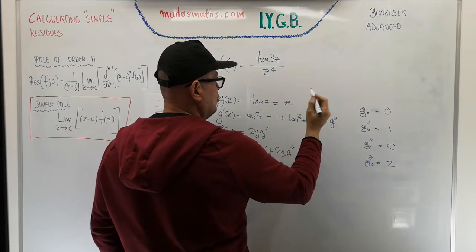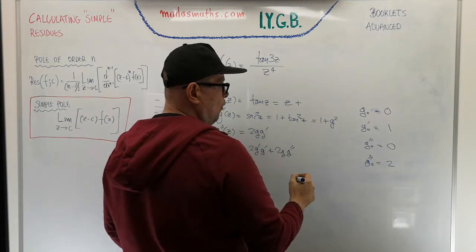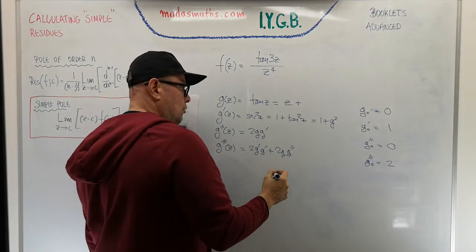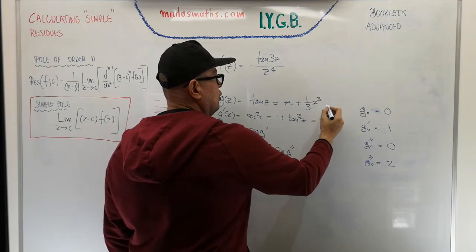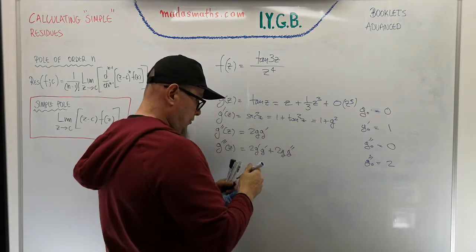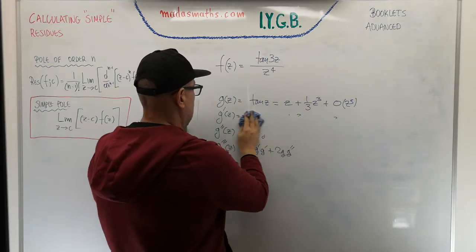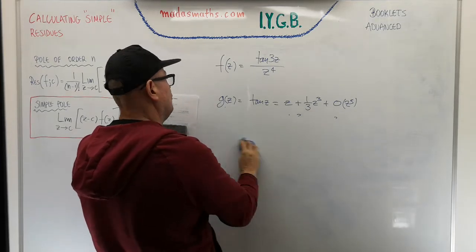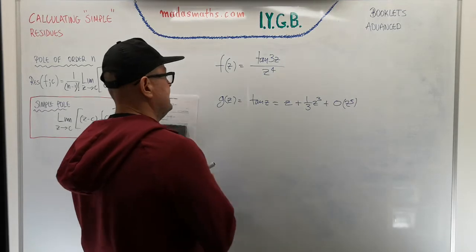Z, there's no squares, and this is now plus 2 over 3 factorial. 2 over 3 factorial is 2 over 6, so that's a third, z cubed plus order of z to the 5. Okay, so I'm going to rub all of this off and just be left with the expansion. So far, this is the expansion of tan z.